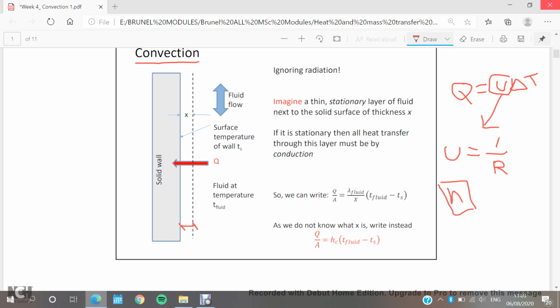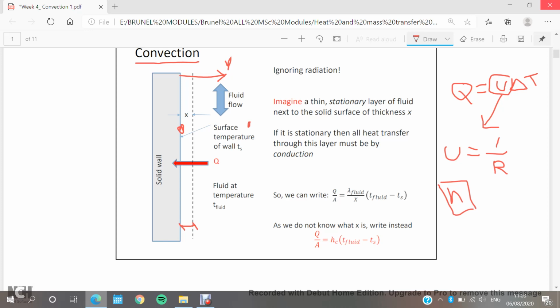Because the viscosity between the wall and this layer is much higher than for the other layers, which are in the direction of y, for example. So here the velocity of the fluid will be 0, and here the velocity of the fluid will be higher than 0.